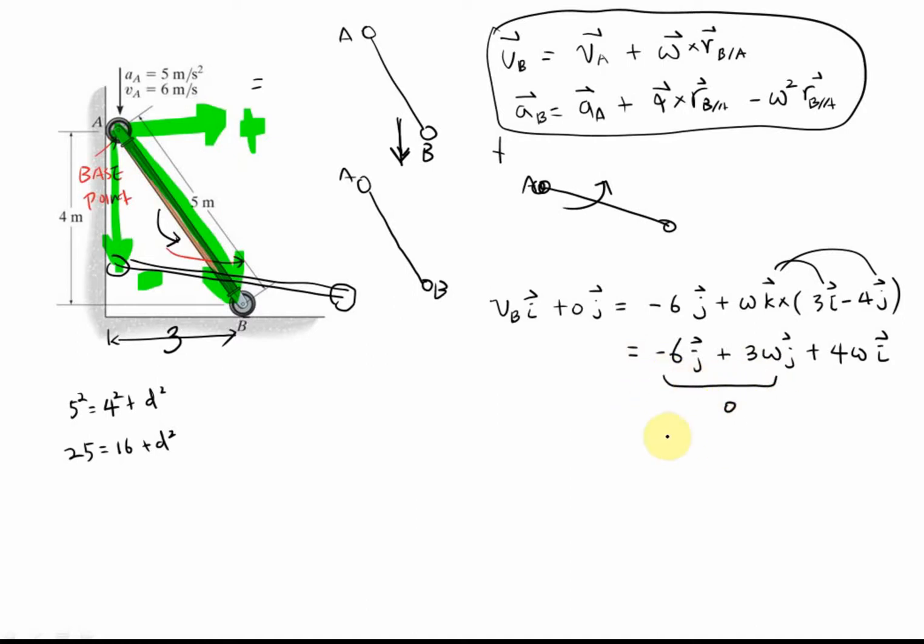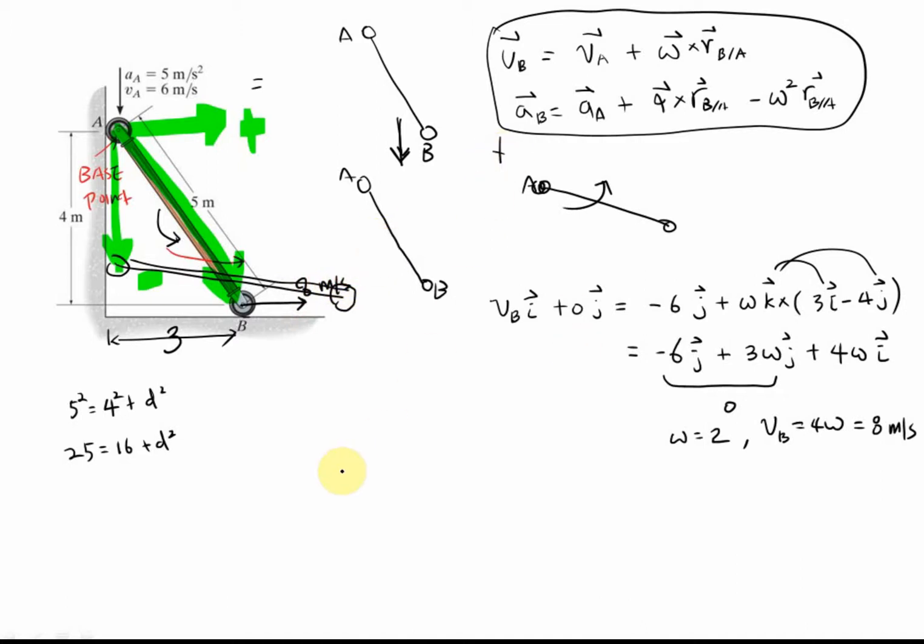So from here I know that my omega should be 2. Okay, and then once I figure out my V_B is equal to 4 omega, that's 8 meter per second.